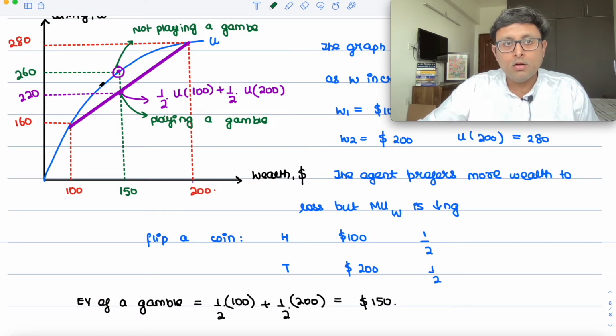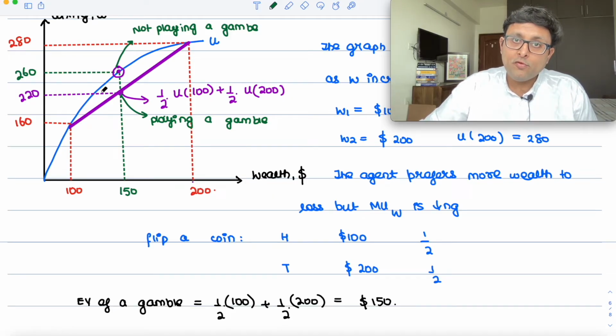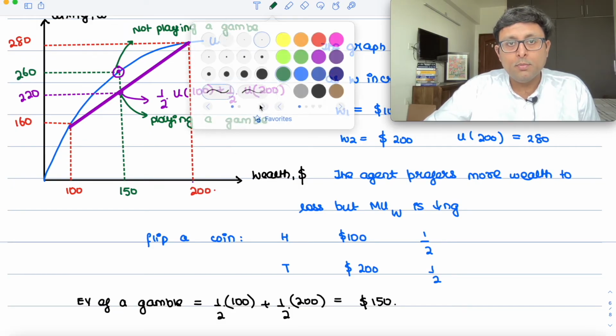Now, again, what is that level of wealth or that level of income which is going to give you the same utility level as the gamble? So 220 was the utility level. Now I'm just asking you, what level of income will give me 220 according to this utility function?